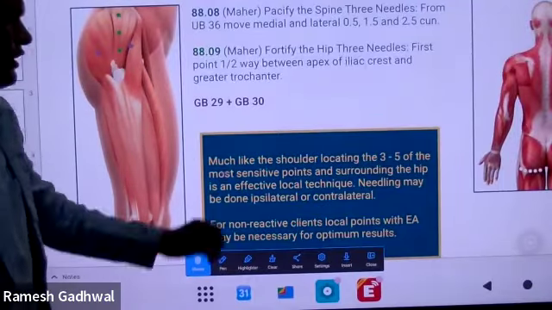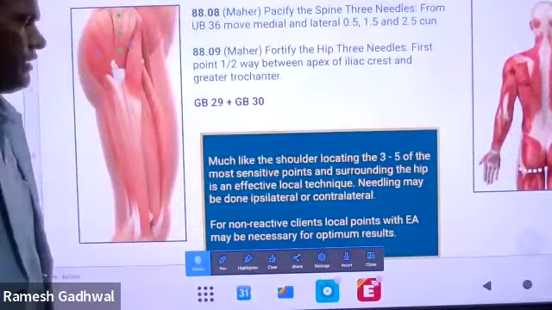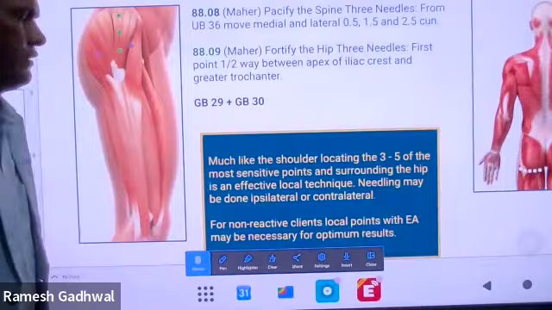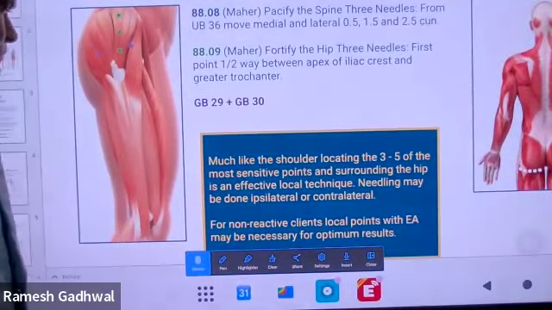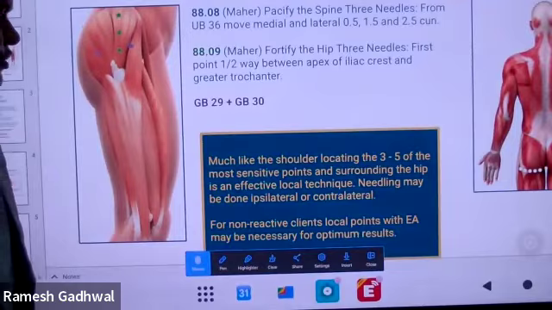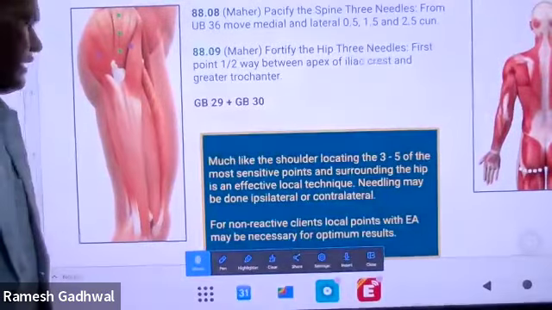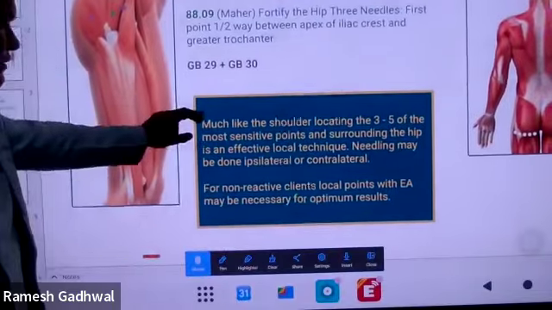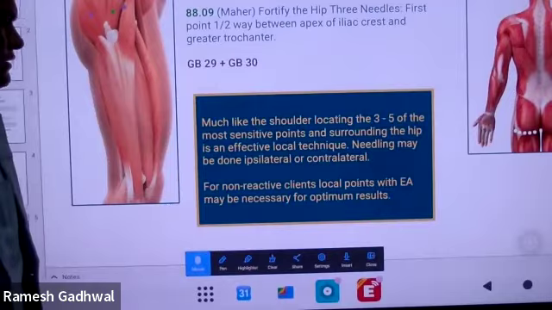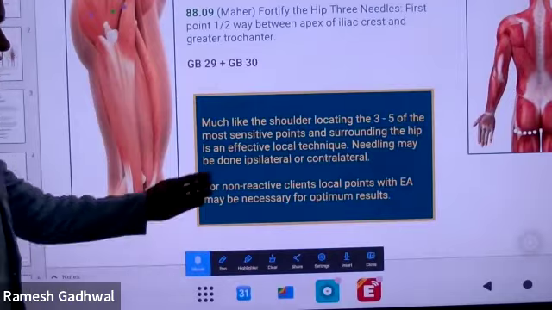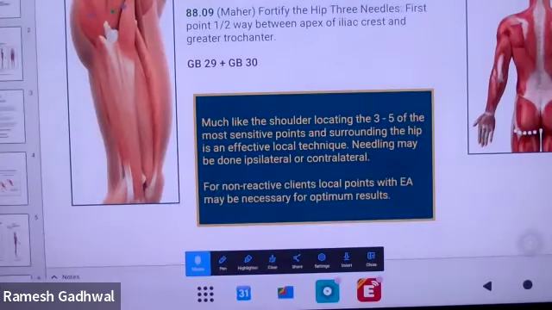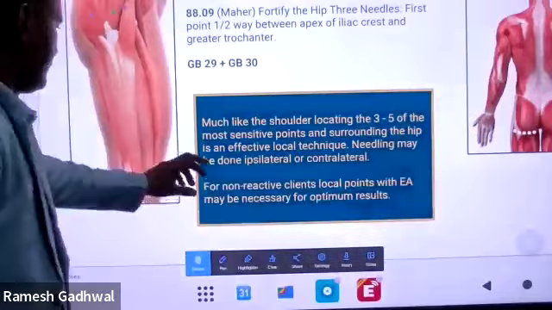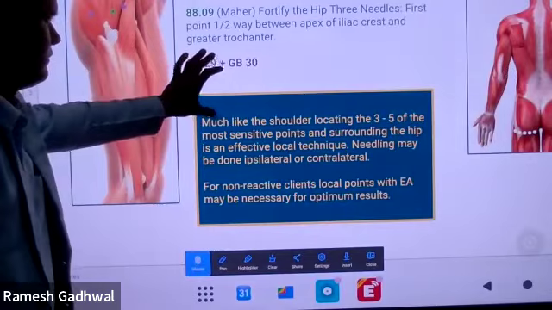Much like the shoulder locating, the 3 to 5 most sensitive points surrounding the hip area is an effective local technique. Needling may be done ipsilateral or contralateral. For non-reactive clients, local points with electric acupuncture may be necessary for optimum result.